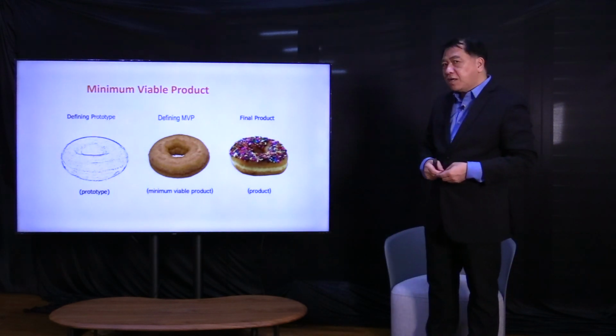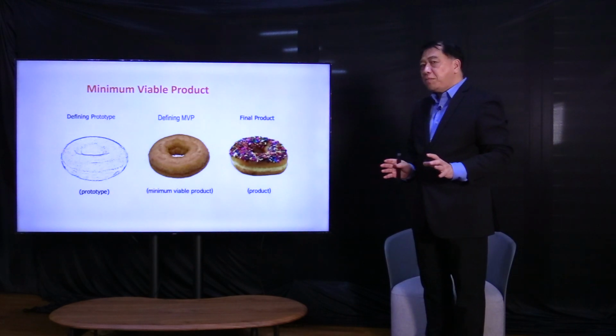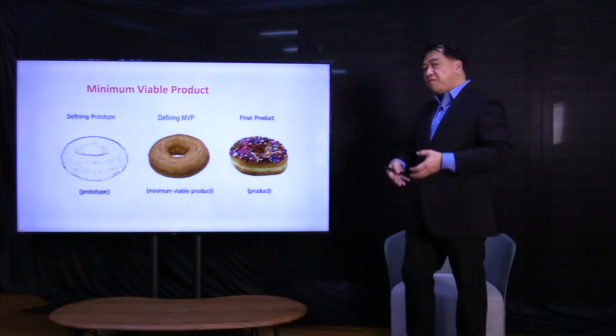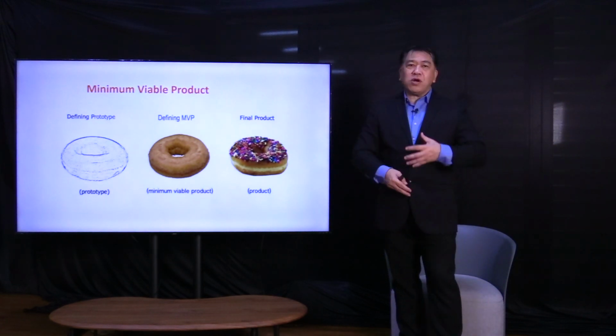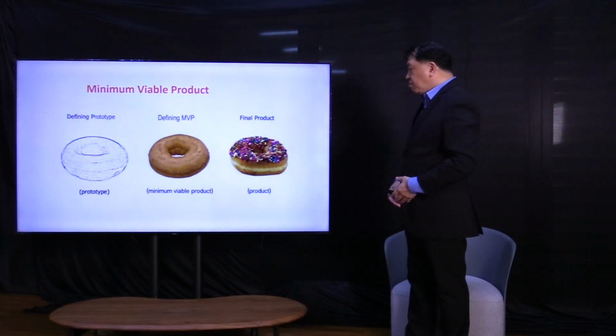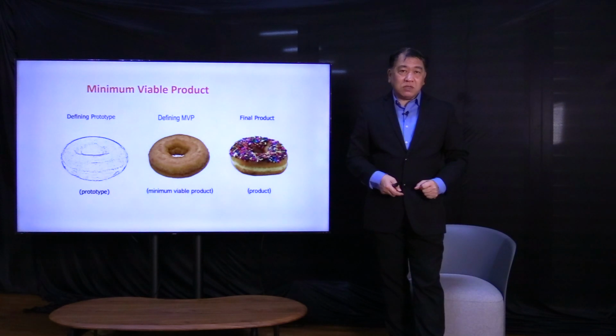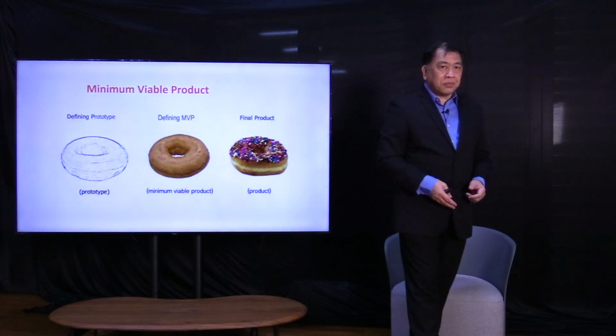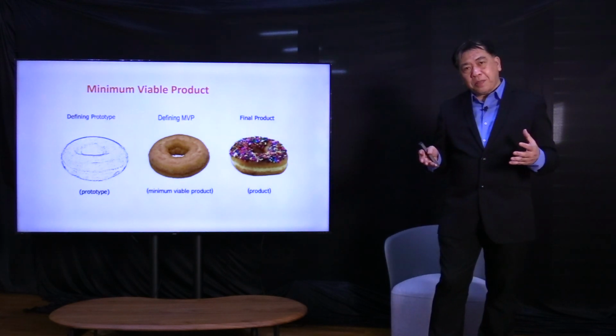But we know that the customers have other needs, right? Beyond that, they want it to look nice, they want a variety of tastes, they want many other things, maybe they even want it to be healthy. So you can see that the final product has a lot more features.